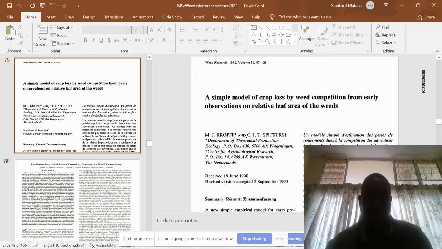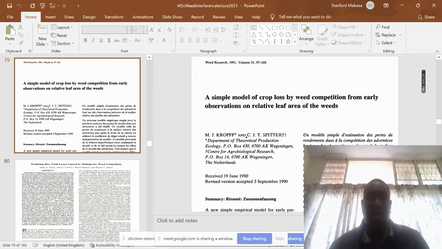Then you can also read another approach by Croft and Spitters. They also say it's a simple model. I don't know whether it's actually very simple.